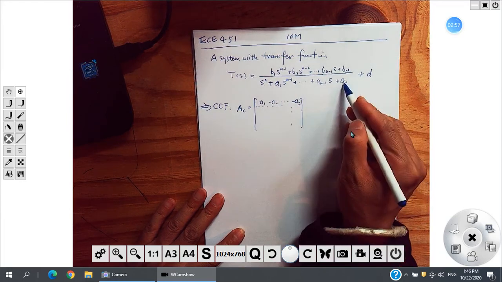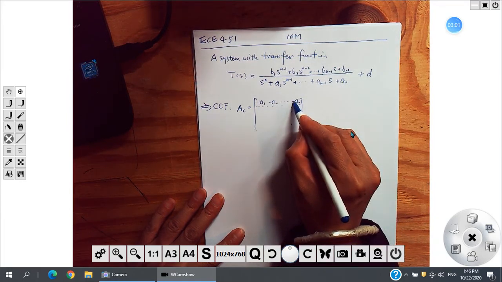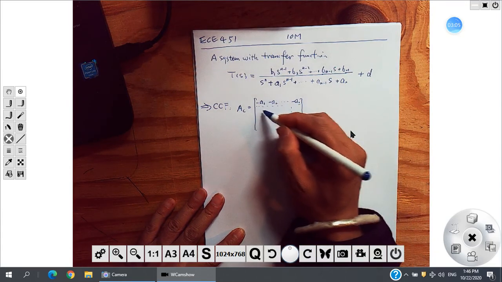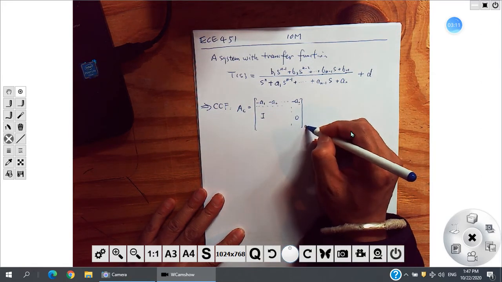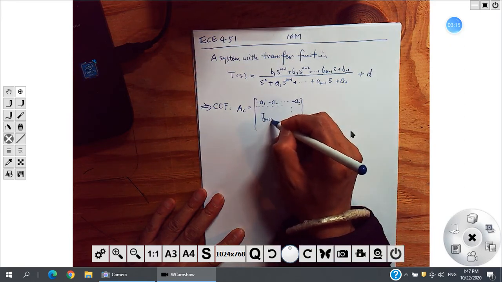We put these coefficients a1 to an here with a change of sign. This column is 0. This part is a unit matrix with lower size. This is n by n, then this will be n minus 1 by n minus 1.